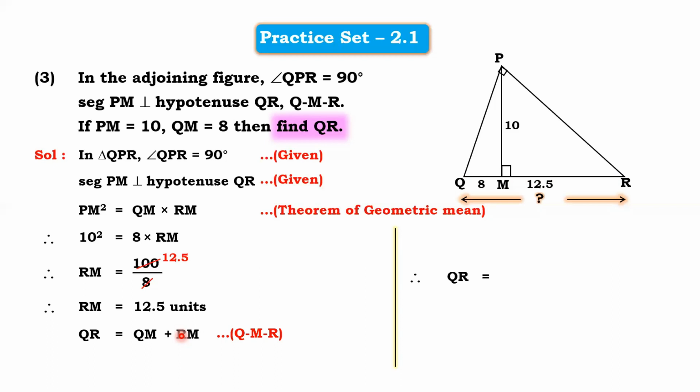Yes, QM is 8 plus RM, which we just found out to be 12.5. Now, 8 plus 12.5 is 20.5, and the final answer again in units. So we have got the value of QR as 20.5 units. Even this sum will come for 2 marks, or it may also come for 3 marks. A very simple sum. Is it clear?